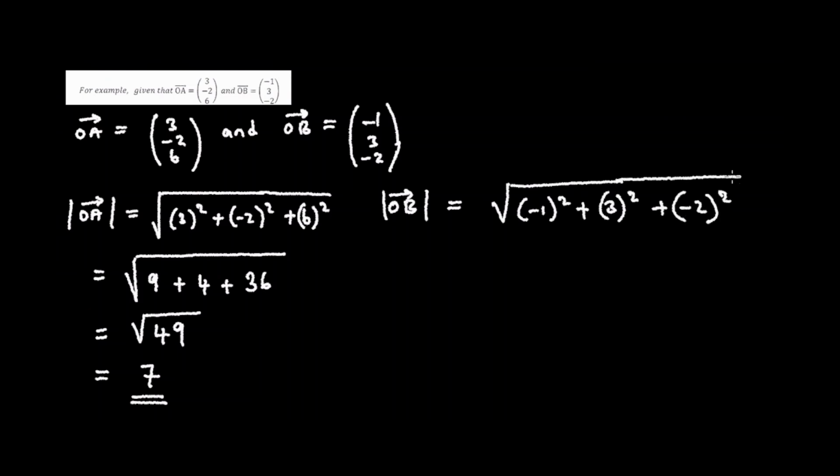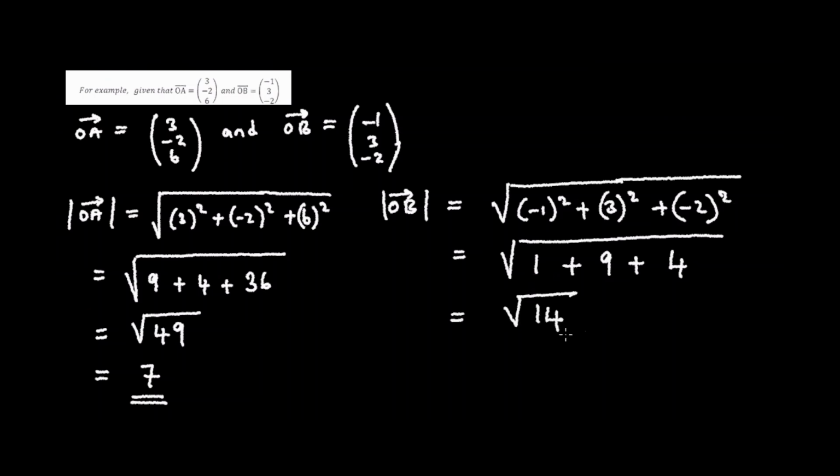Take note that I am putting brackets here, they are important. This is the square root of minus 1 squared which is 1, plus 3 squared, that's 9, plus minus 2 squared, that is 4. So 9 plus 1 is 10, then 10 plus 4 is 14. So here, this is the square root of 14.